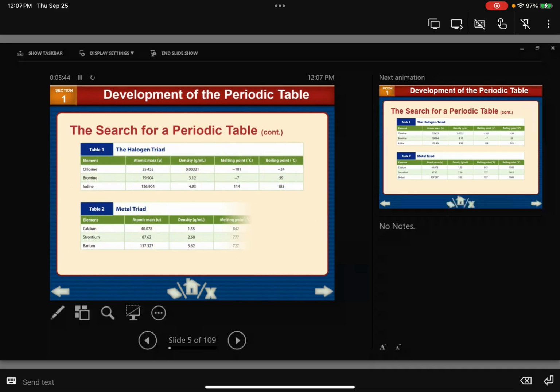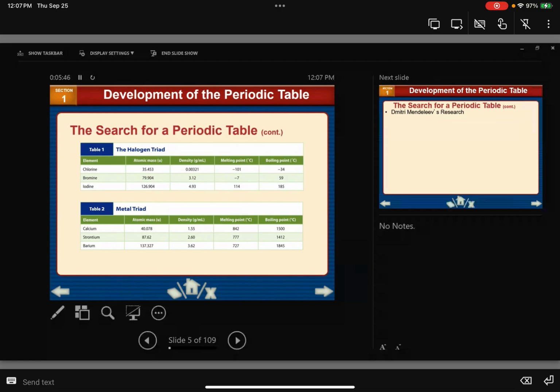So here is the halogen triad, which includes chlorine, bromine, and iodine, and a metal triad that has calcium, strontium, and barium. Looking at the periodic table, we can see that chlorine, bromine, and iodine are in the same group with each other. Calcium, strontium, and barium are also in a separate but same group, the 3 of them.